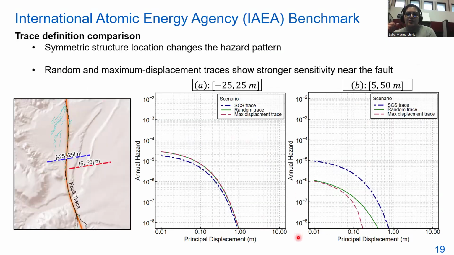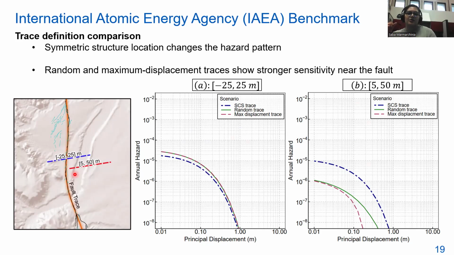In this case, we want to show the uncertainty associated with the different trace definition and the location of the structure. So we define two structures, one centered on the fault and one only on one side of the fault. Because ruptures would happen on both sides of the fault, the structure that is only on one side of the fault, which is the red one, would be subjected to only part of the ruptures.